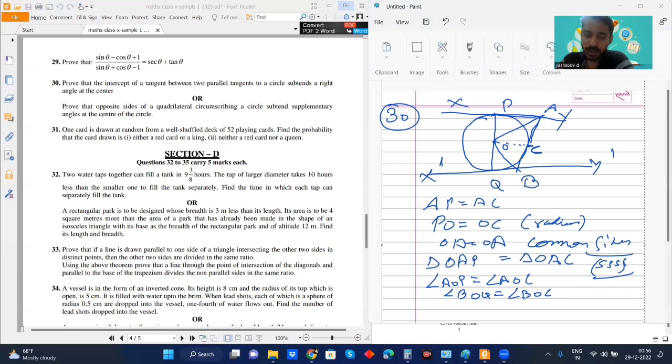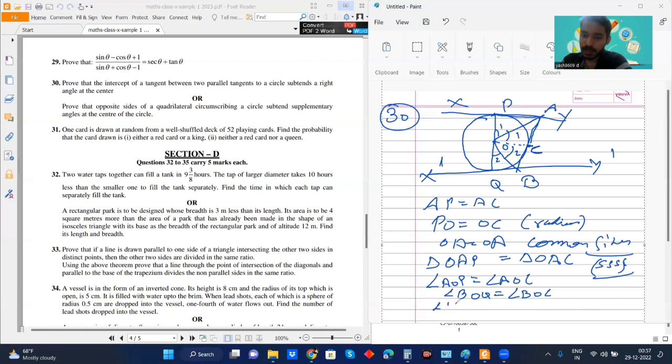Right? So what will happen? POQ is the diameter. Now if I consider AOC as angle 1 and BOC as angle 2, PQ is a straight line. So I would say since these two angles are equal, this whole angle will be 180. Angle in a straight line is 180. Right?